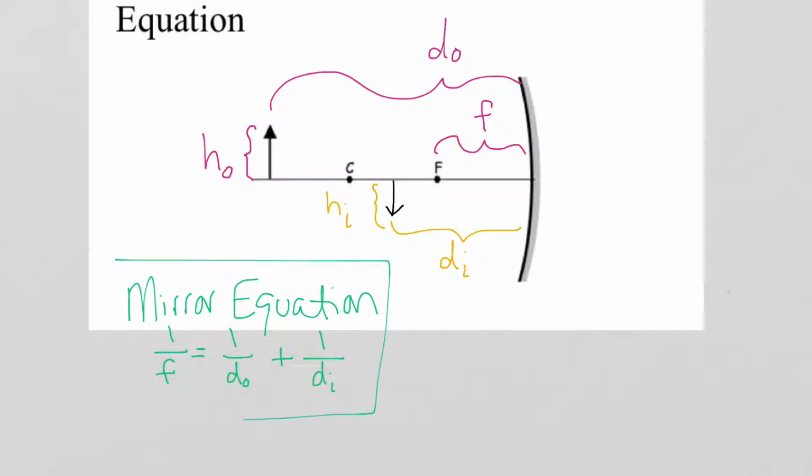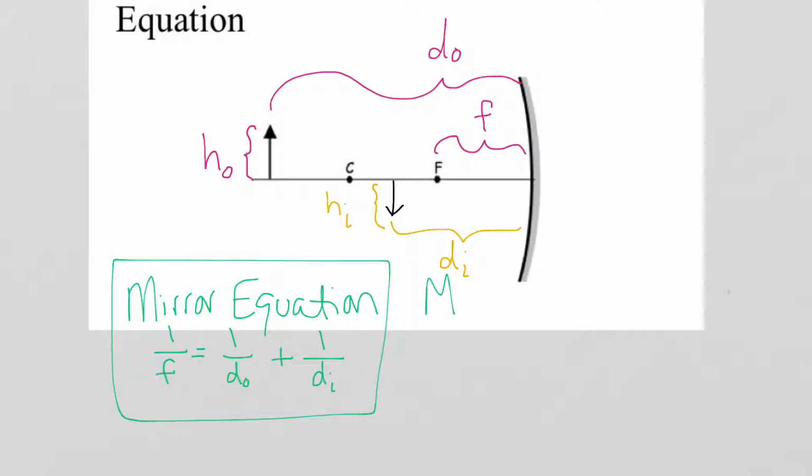So that's one equation, which is great. We can also draw a relationship between the heights of our images and our objects. This relates the relationship between the distance of the object and the image to the focal length of that mirror. And so we can also talk about the heights.